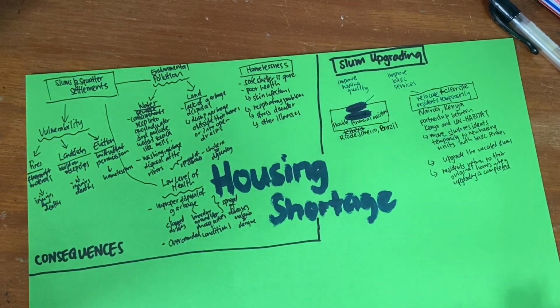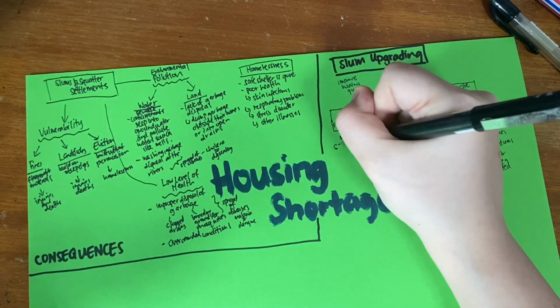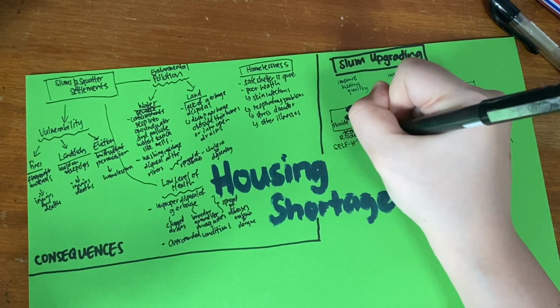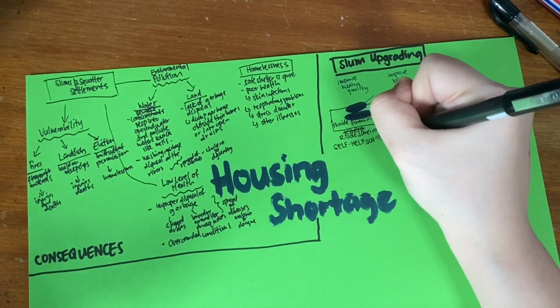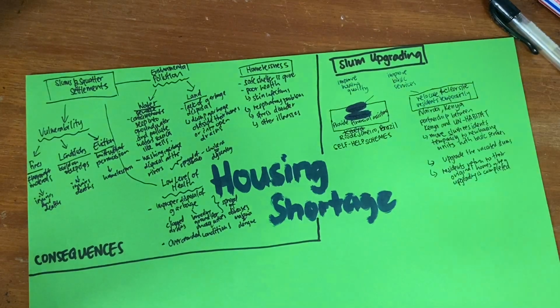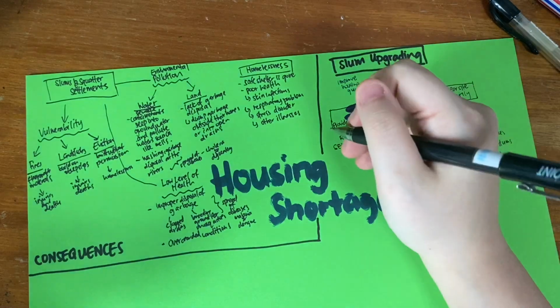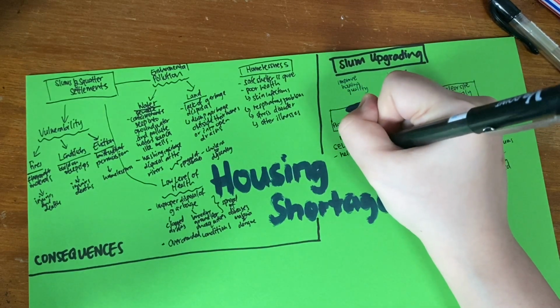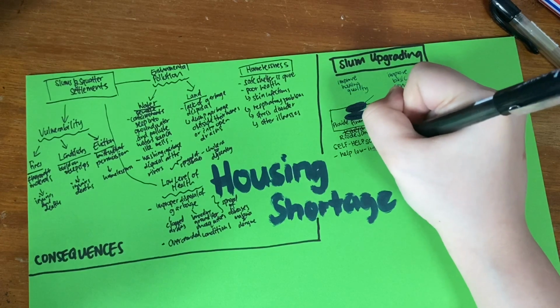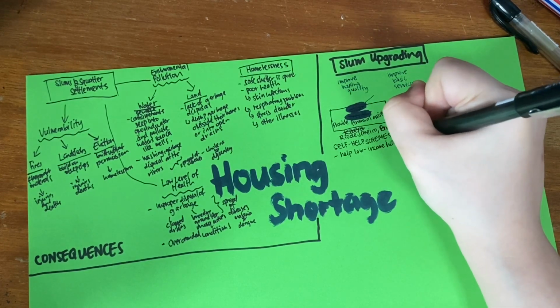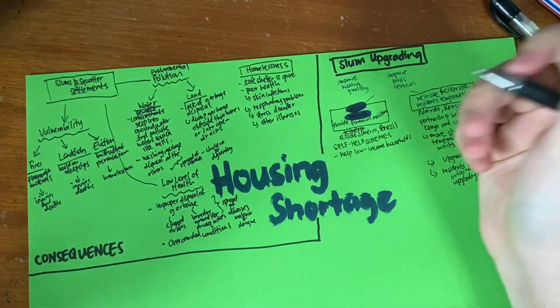They use this thing called self-help schemes. When you see the word self-help, it just means that you have to help yourself, right? So how do they help? Who do they help? Firstly, they help low income households.